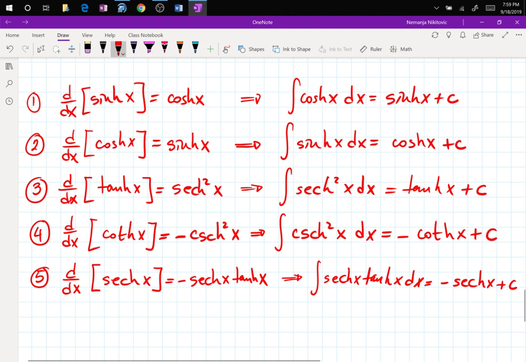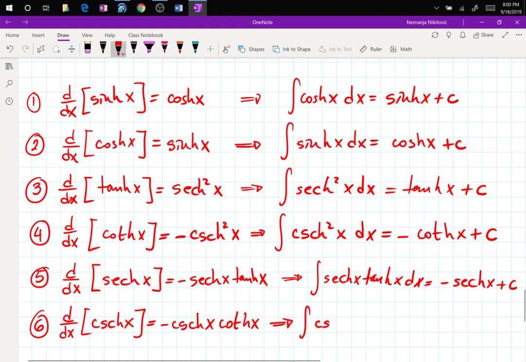And the last formula is the cosecant. The derivative of cosecant hyperbolic x is negative cosecant hyperbolic x cotangent hyperbolic x, giving us the integral of cosecant hyperbolic x cotangent hyperbolic x dx to be the negative cosecant hyperbolic x plus c. Ta-da!